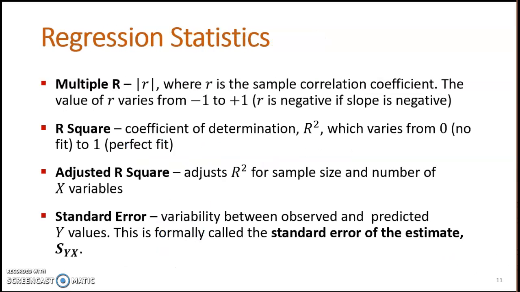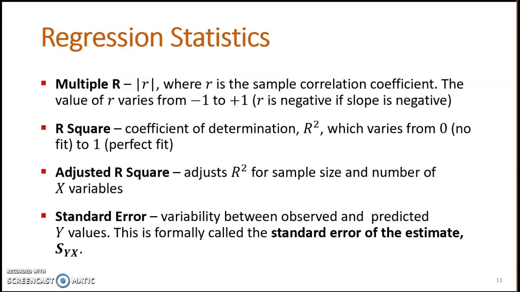Okay, let's look at some regression statistics, terms that you will need to know. Multiple R is another name for the sample correlation coefficient, R. The values of R vary from -1 to +1.